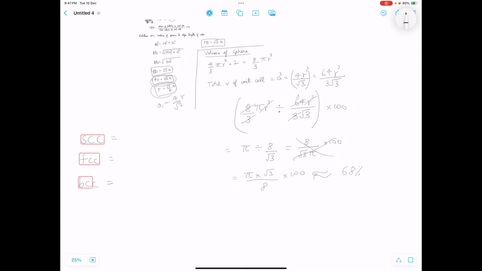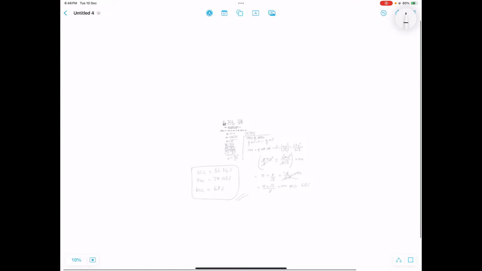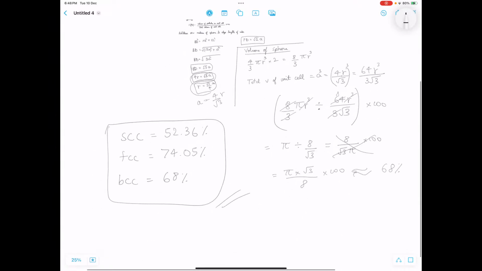So the packing efficiency of BCC we have seen is 68% and that of FCC was 74.05%, and now of SCC was 52.36%. We need to remember these values, very important. This is the derivation.